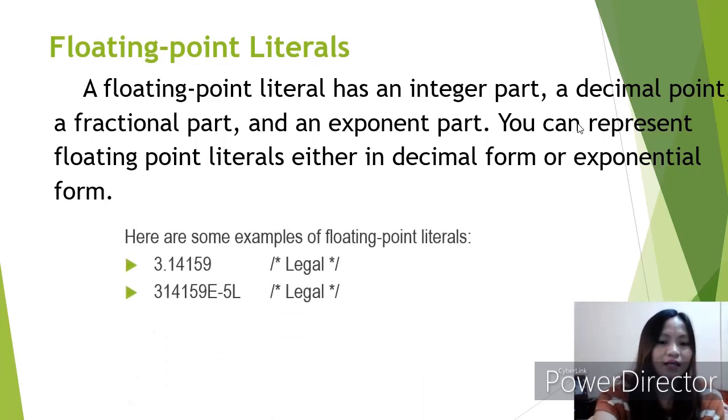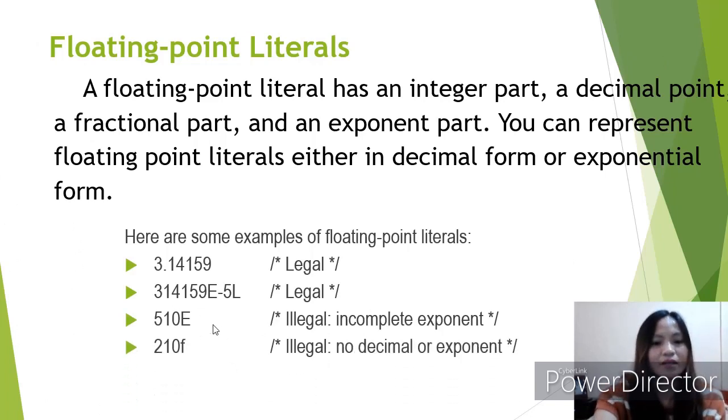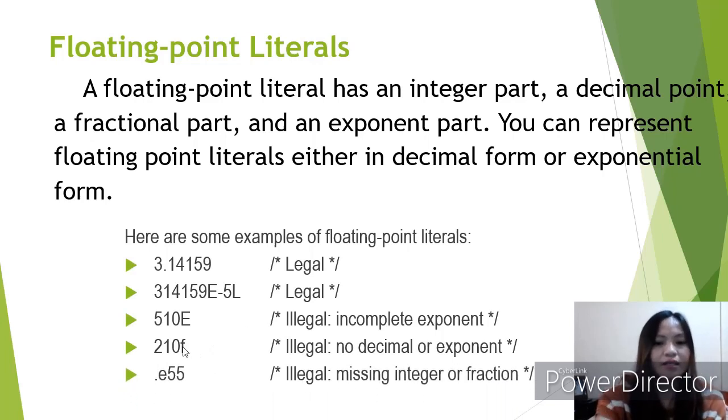This is legal, another legal. This is illegal because the E is incomplete. E stands for exponent, but it is incomplete. And then, this is also illegal because no decimal or exponent. And then, this is illegal because missing integer or fraction.